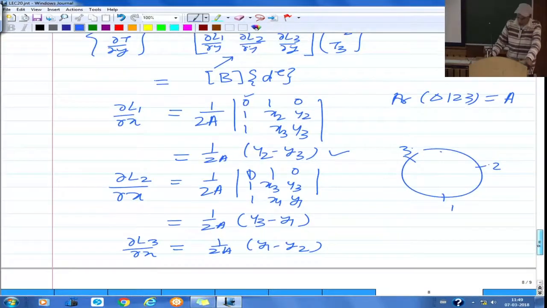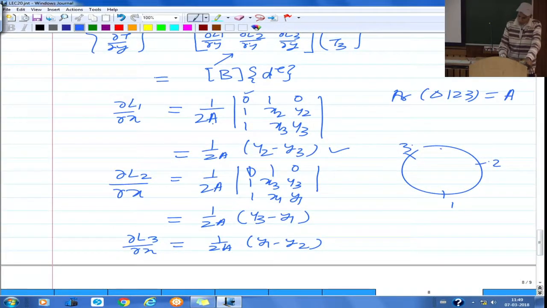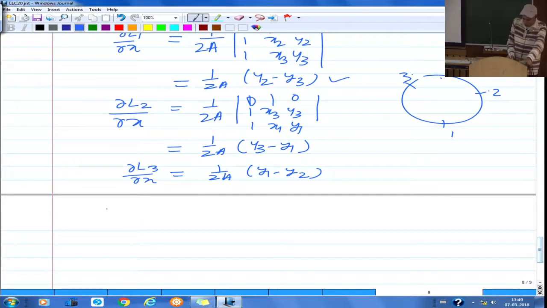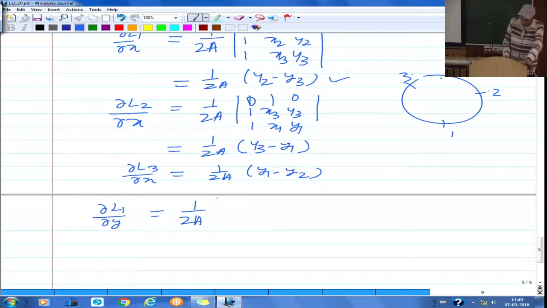You see that they are in a simple form, that is 1 upon 2a, the area of the whole triangle, times y2 minus y3, or y3 minus y1, or y1 minus y2. Similarly, you also need del L1 by del y, which would be in a similar manner 1 upon 2a, with 0 0 1, and then this is P23, so 1 x2 y2, 1 x3 y3.